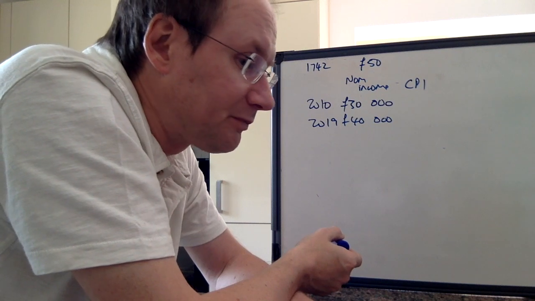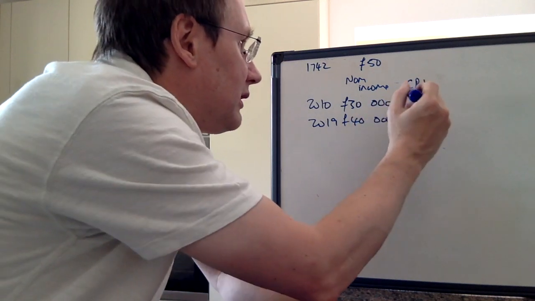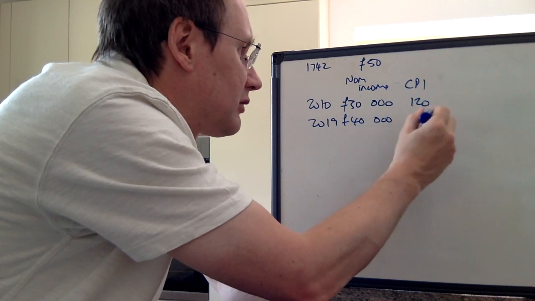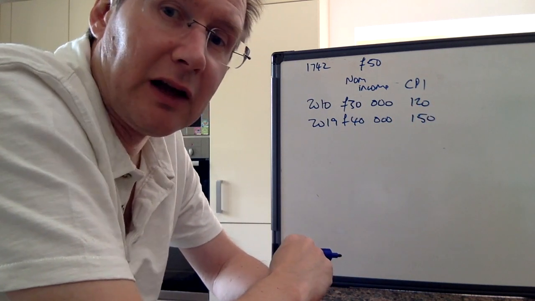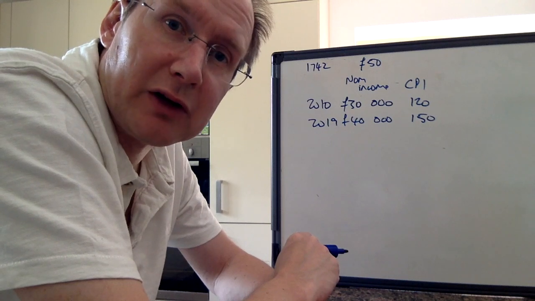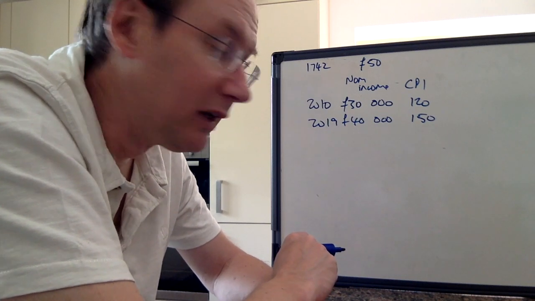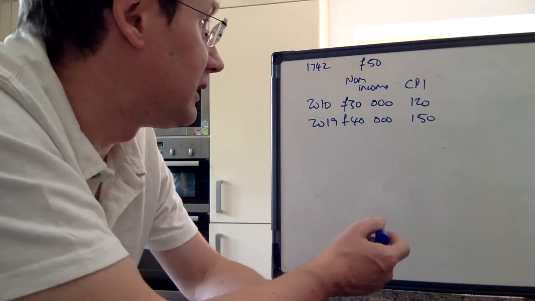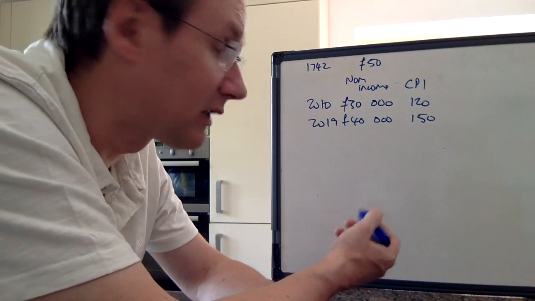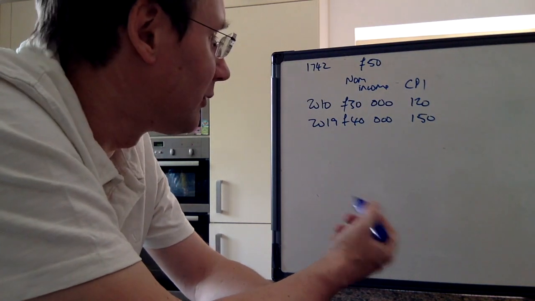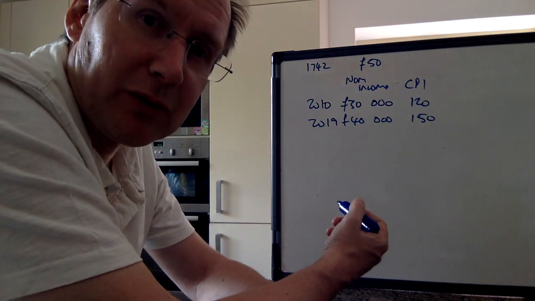In the example, it said that the CPI rose from 120 to 150 over that time. Now then, in order to do this properly, what you have to do is turn one of the figures into the prices of the other year. So we can either turn 2019 into the prices of 2010, or we can turn 2010 into the prices of 2019. But before we do, let's give a simpler example.